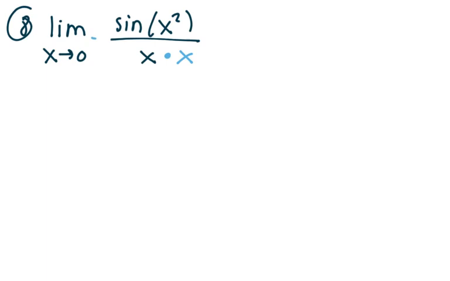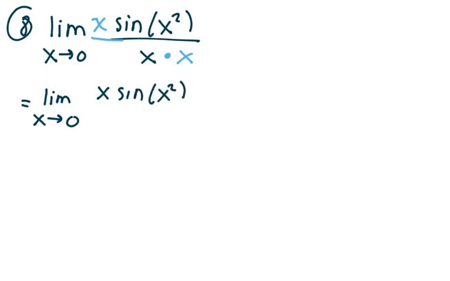And so what you need to do here to make an adjustment is multiply the denominator and numerator both by x. But it's got to stay inside the limit. And so here, I'm going to take the limit as x goes to 0 of x times sine of x squared divided by x squared. X times x is x squared.